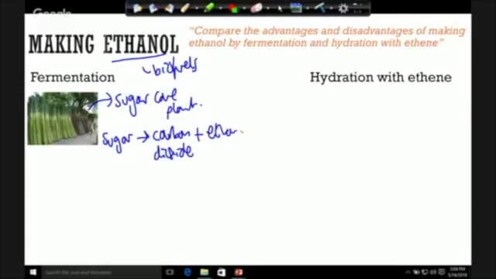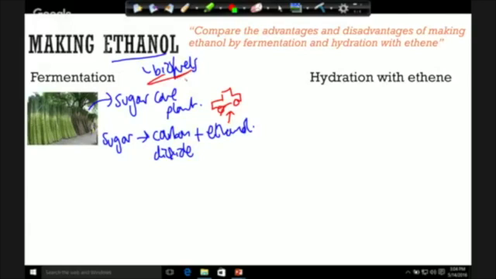And then that ethanol is a really important fuel, and you can use it in cars, for example. We're designing these new ethanol cars, but those engines are quite expensive to adapt to use that ethanol fuel.